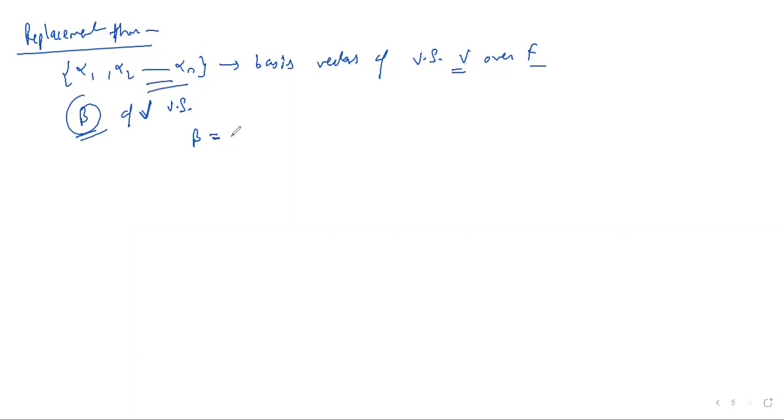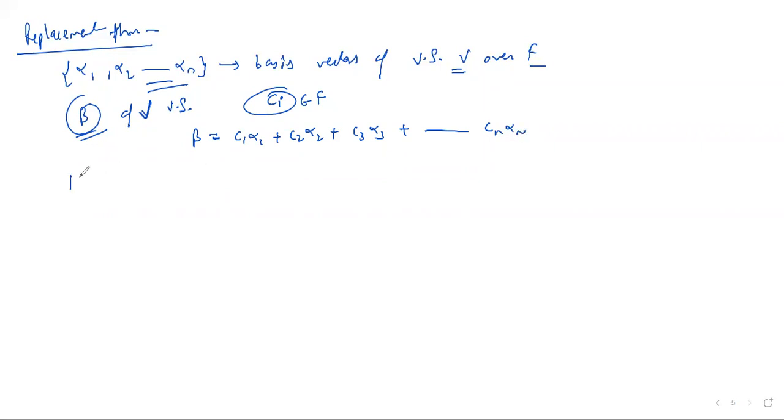So beta equals, for scalars ci which belong to the field of scalars, C1 alpha 1 plus C2 alpha 2 plus C3 alpha 3 up to Cn alpha n.